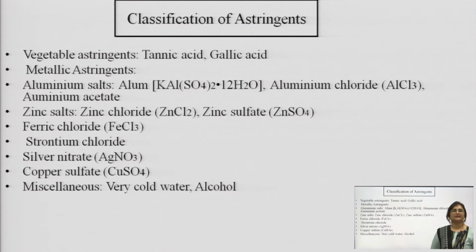When we look into the different classes of astringents, they include vegetable astringents. These astringents are derived from vegetable or plant sources, for example, tannic acid and gallic acid. Then metallic astringents, like aluminium salts.